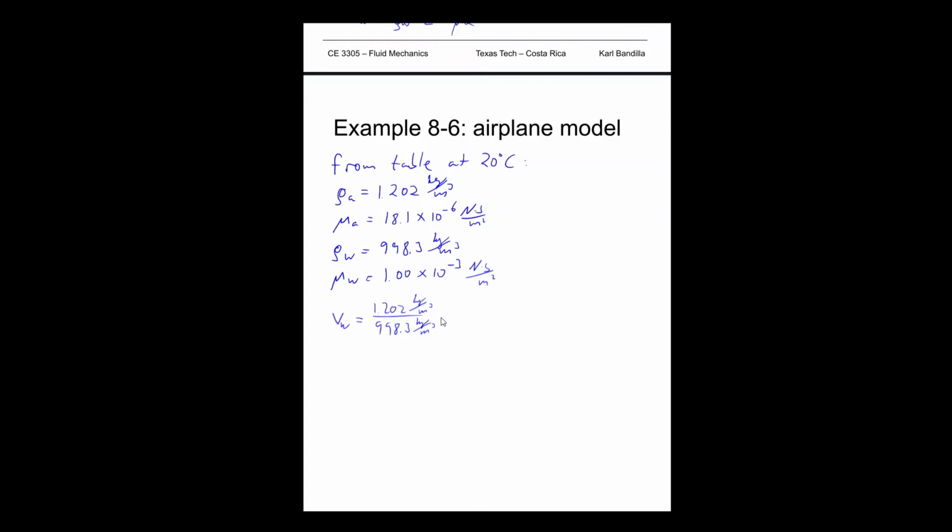The L's cancel out. Then for mu, we get 1.00 times 10 to the minus 3 Newton seconds per square meter, divided by 18.1 times 10 to the minus 6 Newton seconds per meter squared, and then the velocity was 450 kilometers per hour.